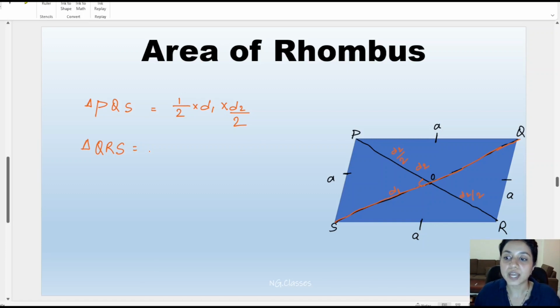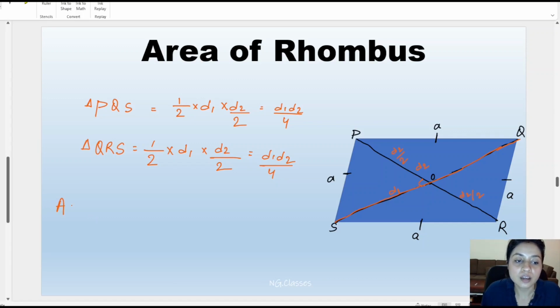Similarly, for the other triangle, that means QRS, 1/2 times base. Now the base is D1 and the height is D2/2, which can also be written as D1 D2/4. Here also D1 D2/4. Let's add both the areas.